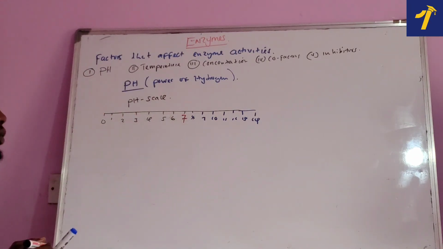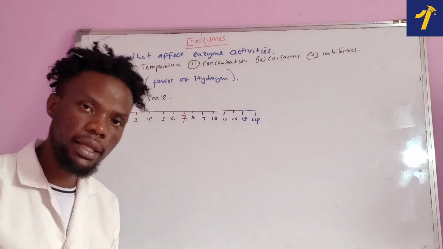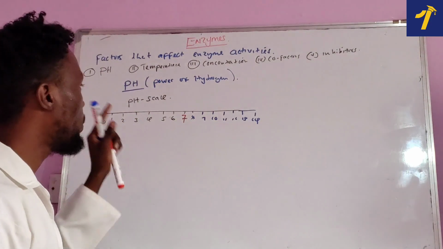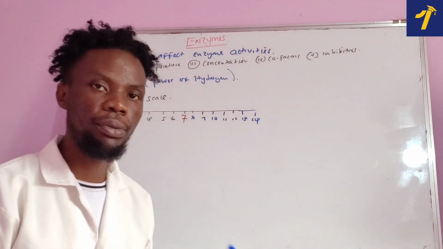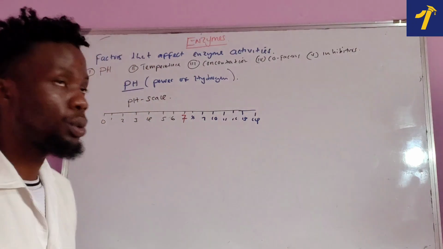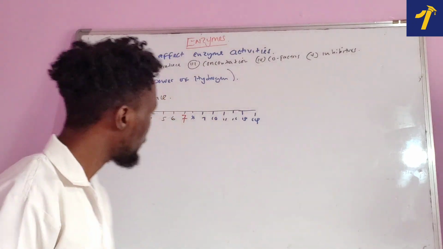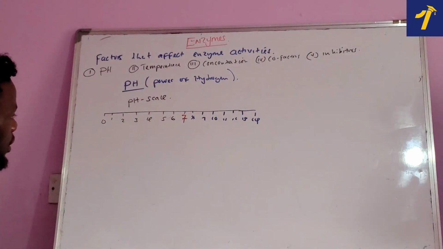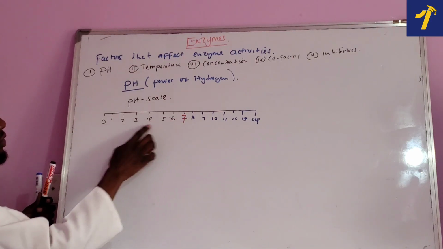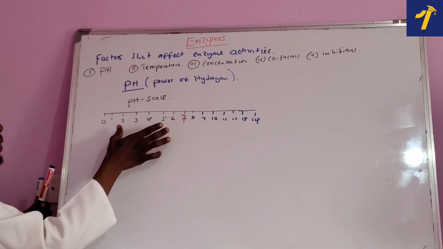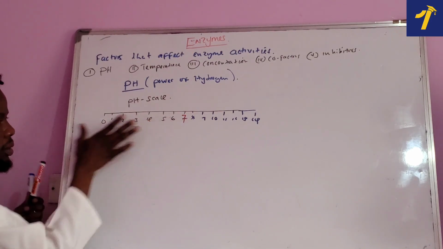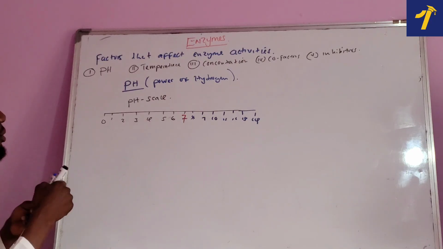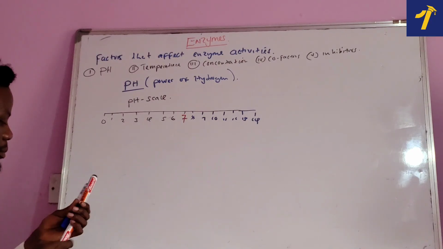So now let us understand this, because without this we can't understand how pH can affect the rate of enzyme activity. This pH scale now has these numbers from 6 to 0 going like this. What do we call this region? This region is what we call the acidic pH.